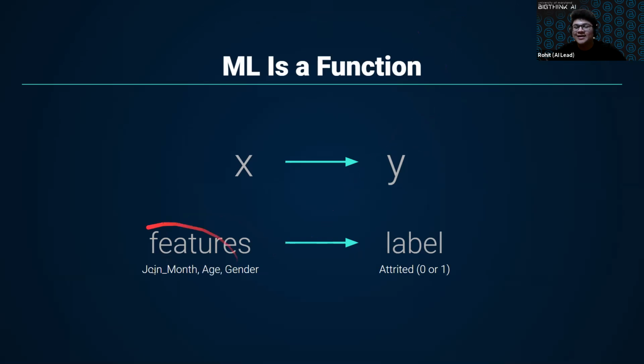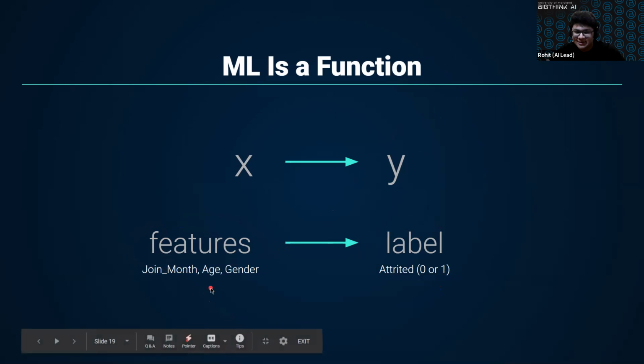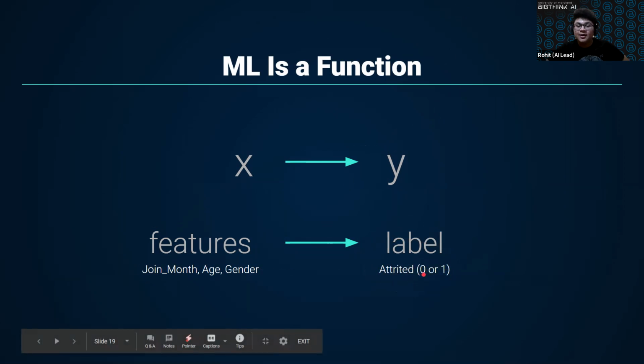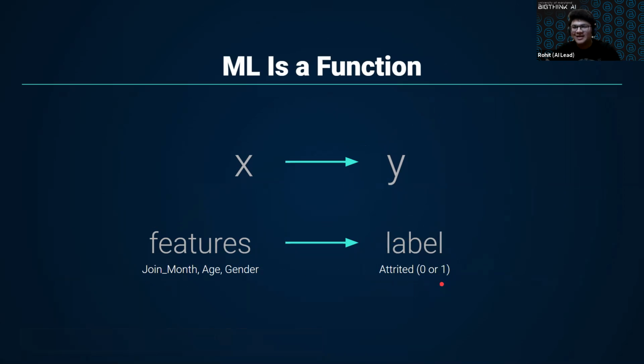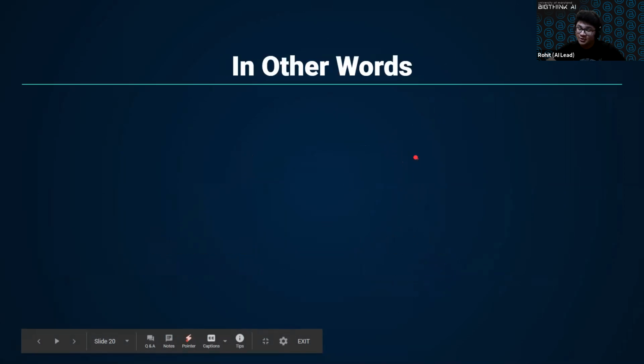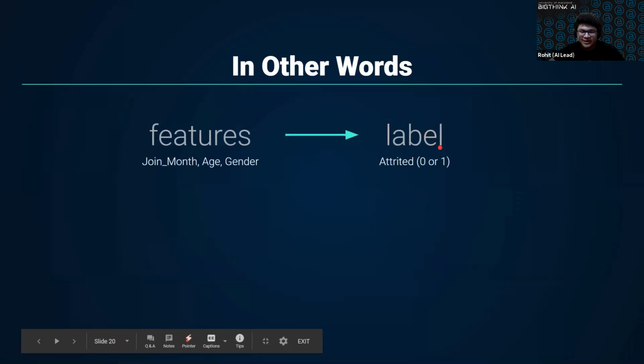But really it's mapping the features as the input to a label as the output. And the features in our case would be the joined month, age and gender, and we would have dropped customer ID. And then we're trying to figure out if it's a 0, why it's a 0. If it's a 1, why is it a 1? So that on a piece of unseen data, the model is going to be able to guess more accurately. In other words, we have the feature and the label, right?